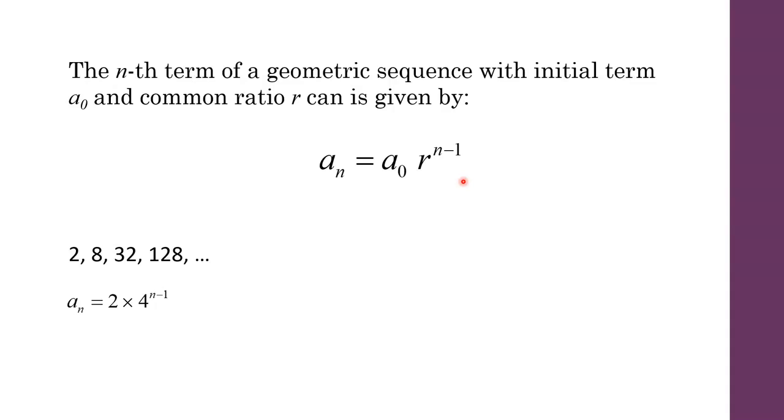And just to check, let's say I want to find the third term of this sequence, to make sure our formula works. The third term would be 2 times 4 to the 3 minus 1. That would be 2 times 4 squared, or 2 times 16, and 2 times 16 is 32. And as we can see, the third term of the sequence was 32.